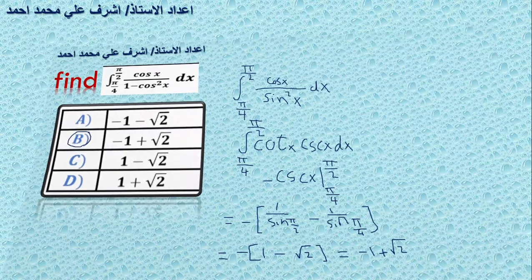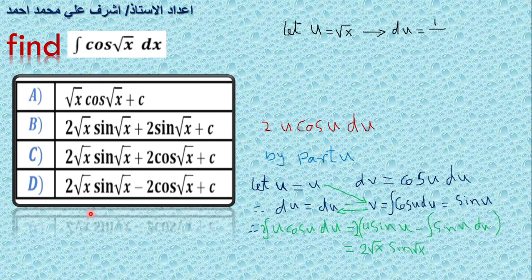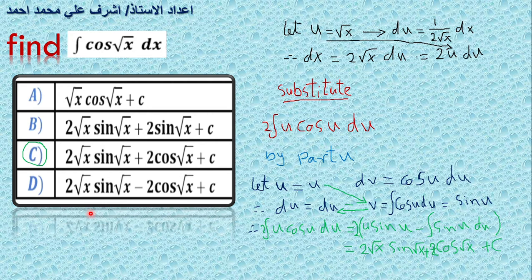Okay guys. Next, find the integral of cosine radical x dx. What is the right choice? I don't know, so we will firstly use the substitution method. We let u equal radical x. So du equals 1 over 2 radical x dx. We multiply both sides by 2 radical x.